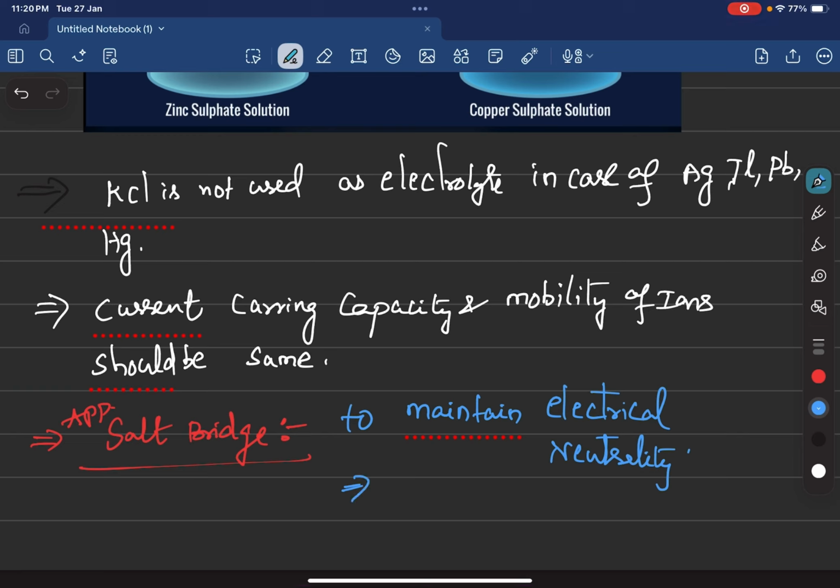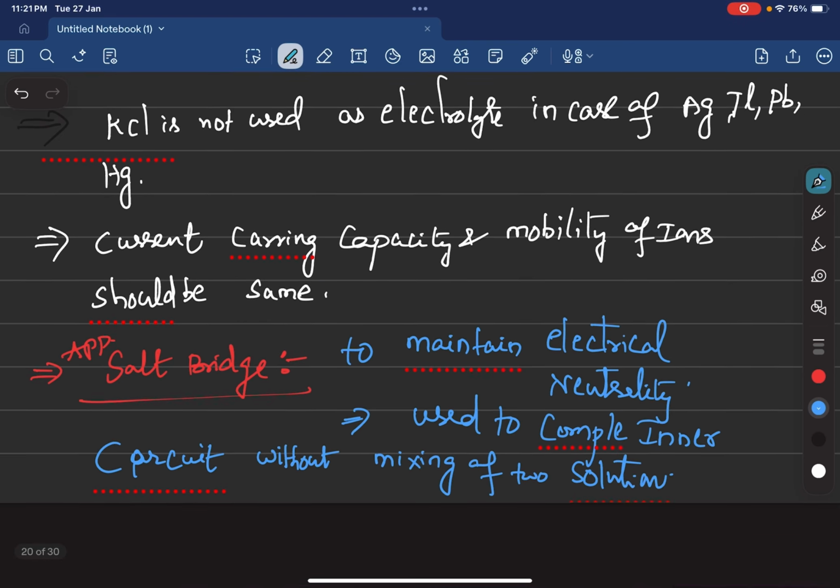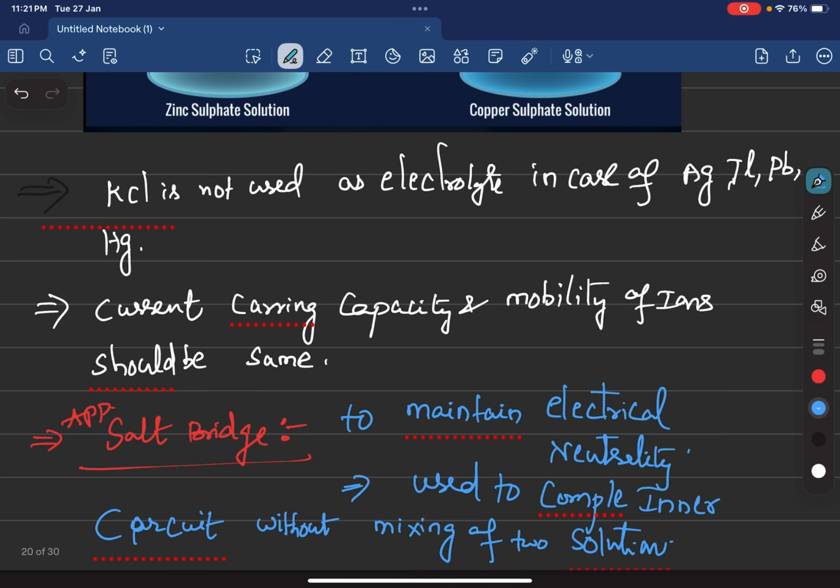Coming to the next, it is used to complete the inner circuit without mixing of the two solutions of anode and cathode. And it also maintains liquid-liquid junction potential.